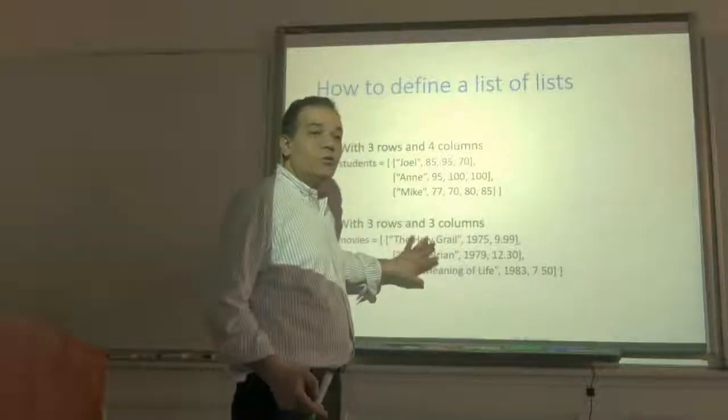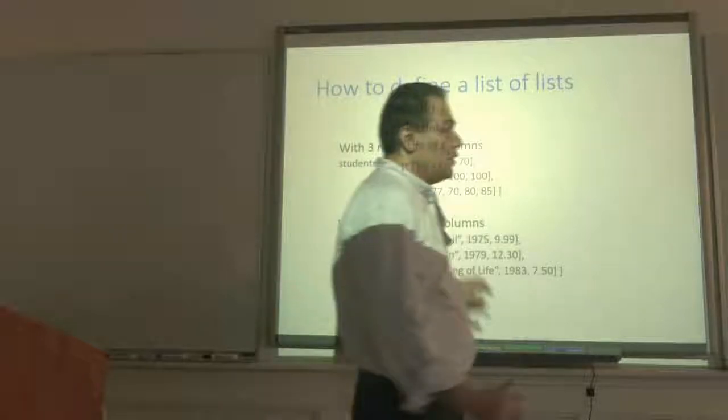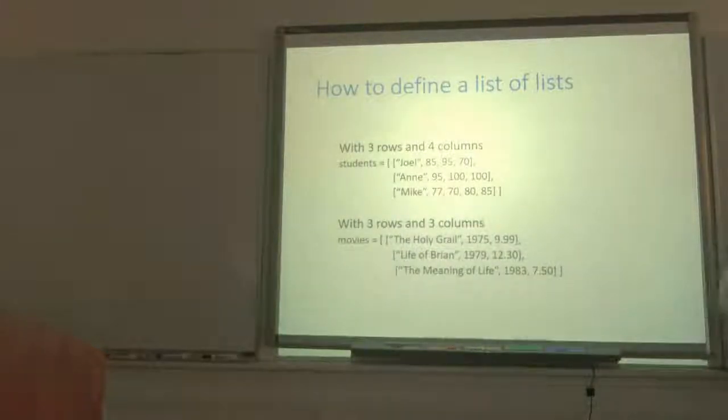Why is it very important to know this stuff? Because if you're dealing with a class, for example, let's say here for name, grade 1, grade 2, grade 3, and you have numbers here 1, 2, 3, 4, 5, 6, 7, 8, 9, 10.